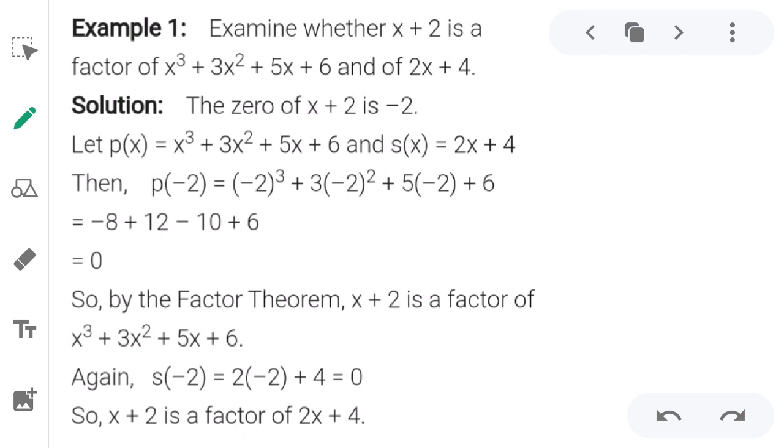So first, x plus 2 should be equated to 0. So what do we get then? x equal to 0 minus 2, x equal to minus 2. That means in place of x we have to replace minus 2 to check whether it is a factor or not. It will be a factor if the result obtained is 0. Okay, let us check it.